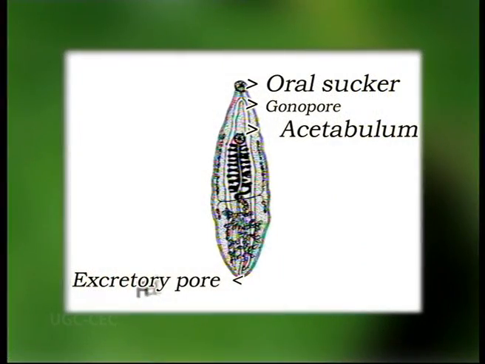And we have the gonopore, and then there is the uterus. This is again a branched uterus, which contains the eggs.